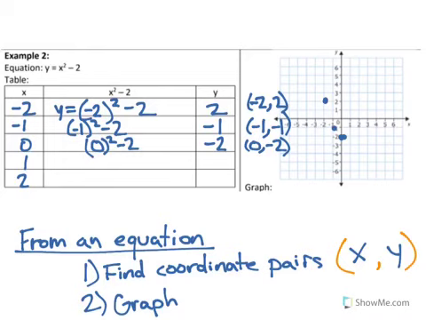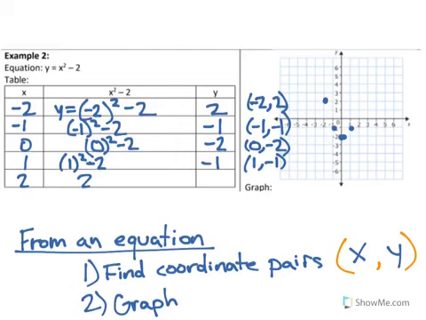Alright. Now we have 1 squared minus 2. 1 times 1 is 1, minus 2 is -1. So our next point is (1, -1). So we're going right 1 and down 1. We're going to have a point right there.